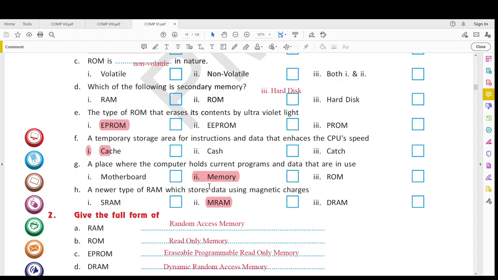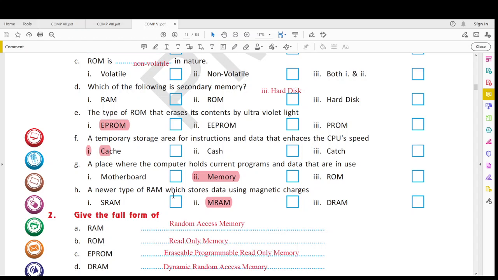A newer type of RAM which stores data using magnetic charges. Options are SRAM, MRAM, and DRAM. What is the full form of SRAM? It is static RAM. What is MRAM? Magneto-resistive RAM. And what is DRAM?